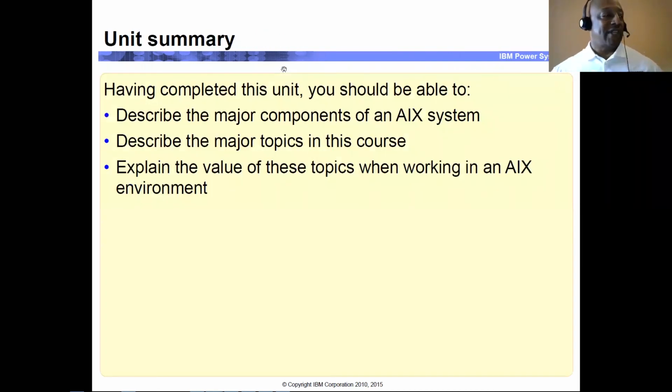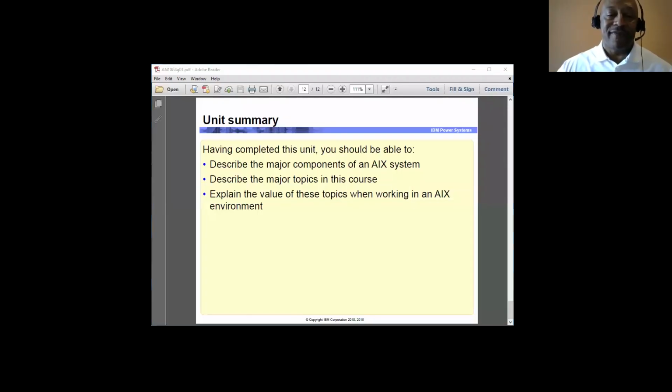All right, so, summarization of Unit 1. We looked at some of the major components of the operating system, AIX. We also looked at the topics potentially that we'll be discussing in this course, among others, and the value of these topics. That's pretty much our objectives, and this is summarizing our potential objectives. So now we move to Unit 2.